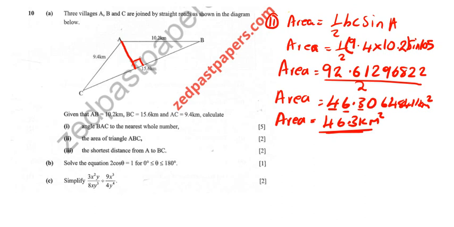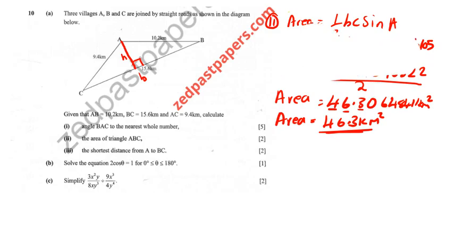Now if we form a 90 degrees, this becomes our height, and this becomes our base. So finding the shortest distance, we are going to use the formula for finding the area of the right angled or left angled triangle.